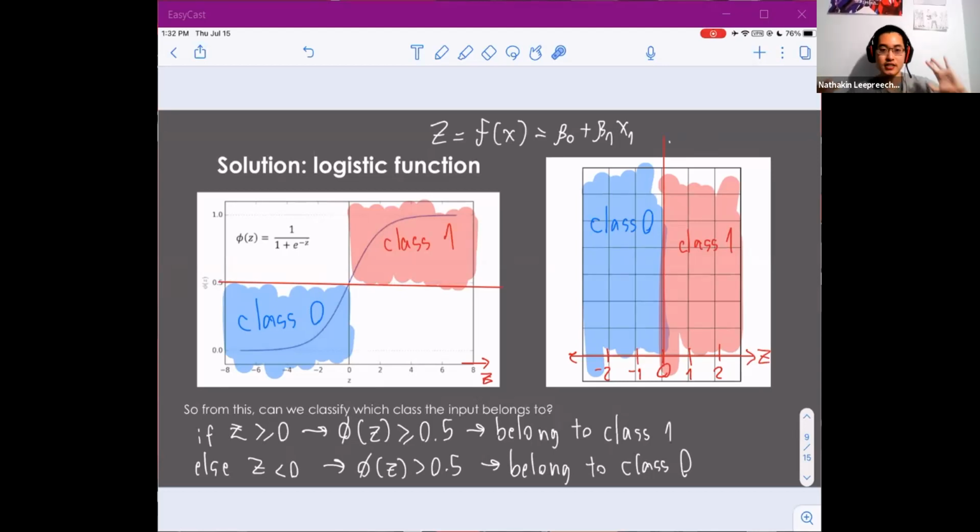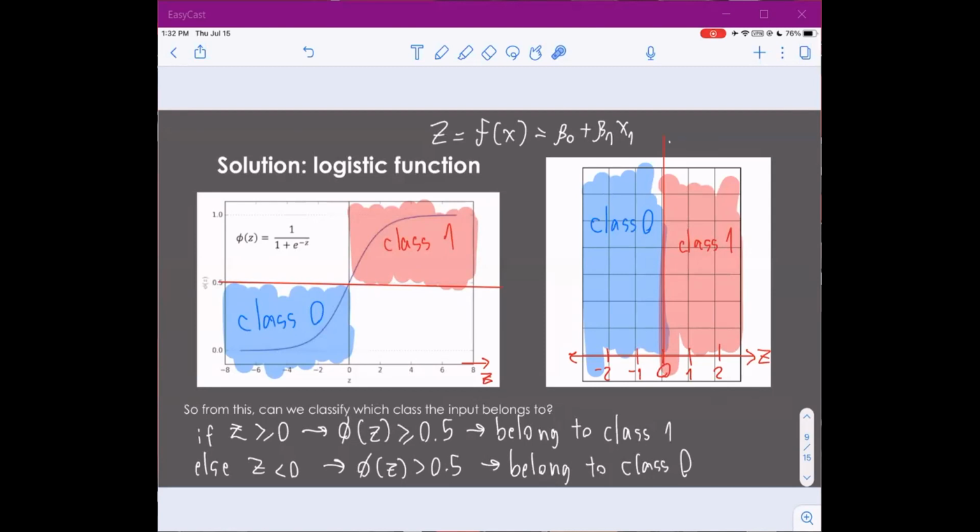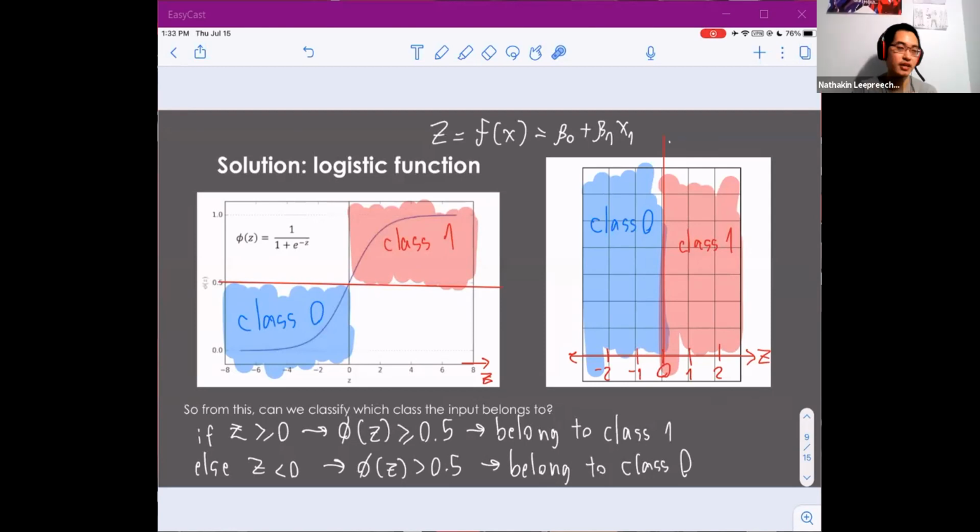Yeah. So in a simple sense, yes, you have a linear regression.